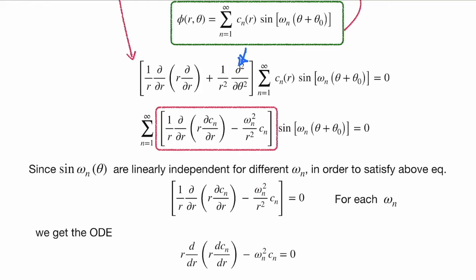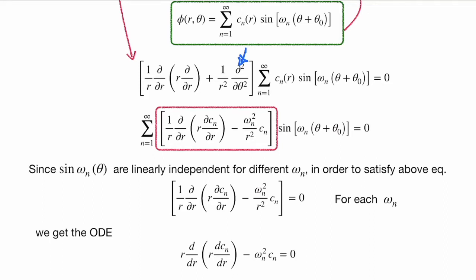Now, since the sine omega n theta are linearly independent for different values of omega n, in order to satisfy this equation term by term, the coefficients have to be 0. So this implies 1 by r d by dr of r into dcn by dr, minus omega n square by r square cn, is equal to 0 for each omega n.